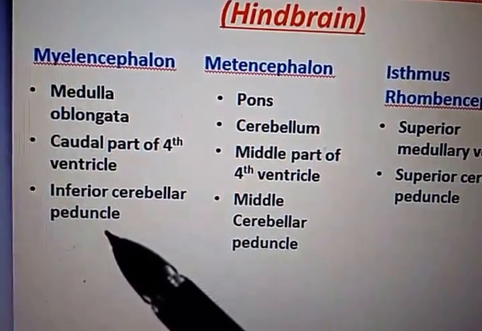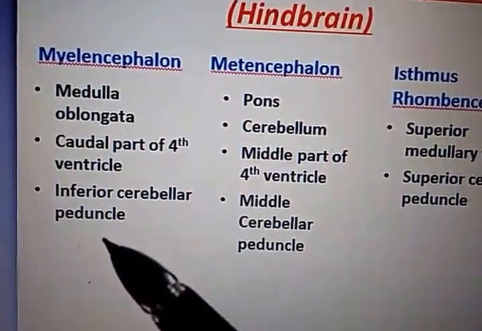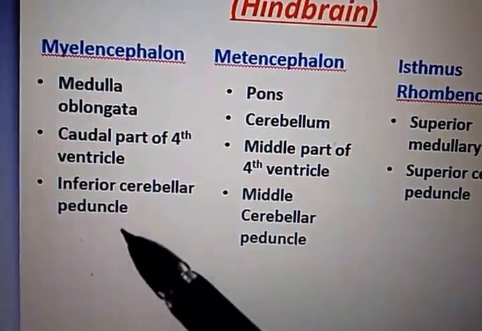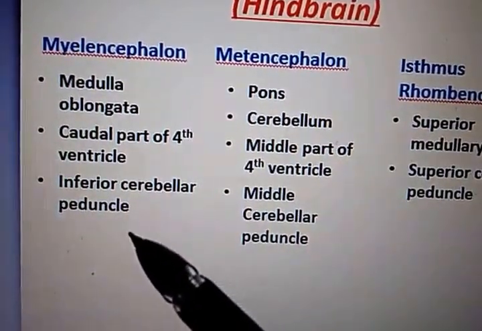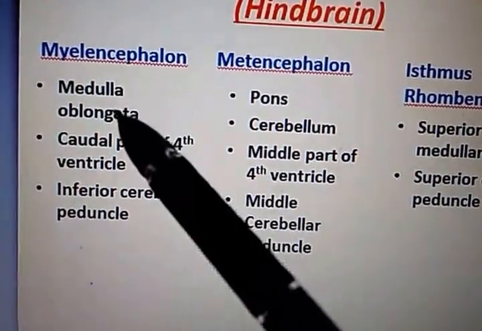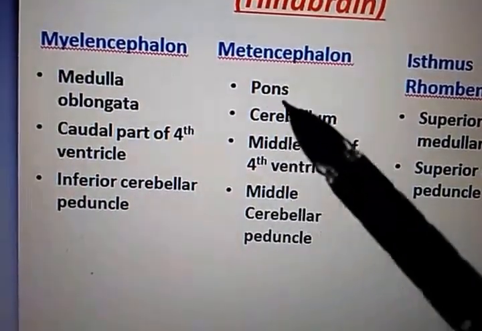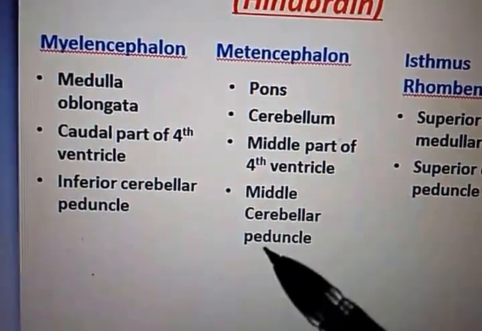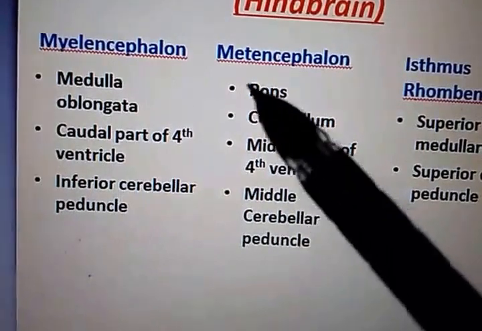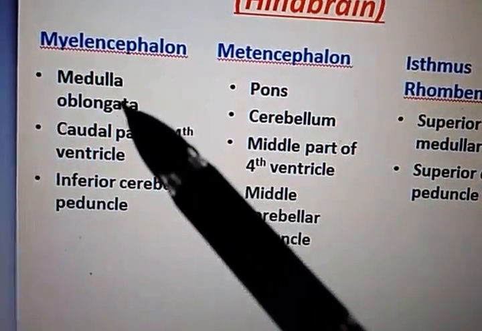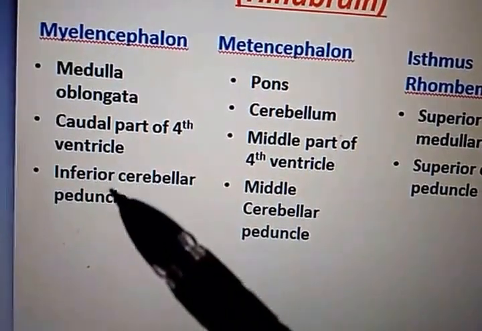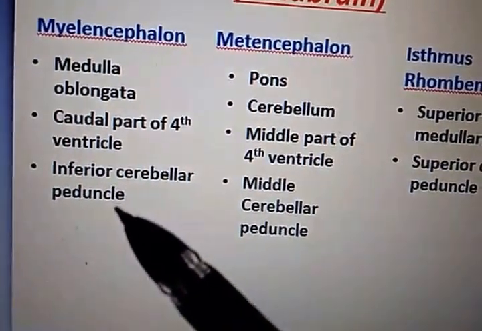You should know that just like cerebral peduncles, there are three cerebellar peduncles. Okay, superior, middle and inferior. Inferior is between cerebellum and medulla, middle between pons and cerebellum, and superior between midbrain and cerebellum. Here, myelencephalon forms medulla oblongata, caudal part of fourth ventricle and the inferior cerebellar peduncle.